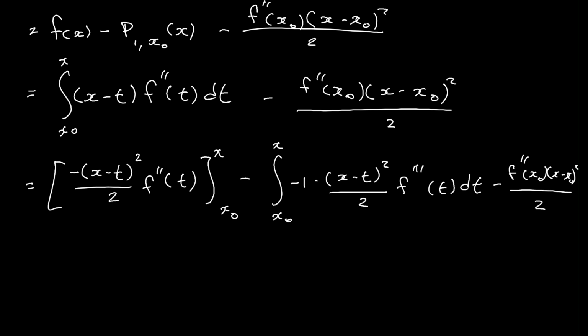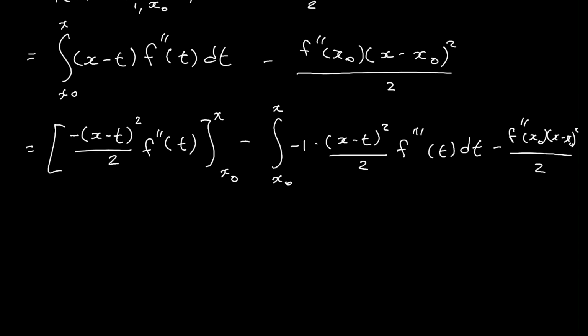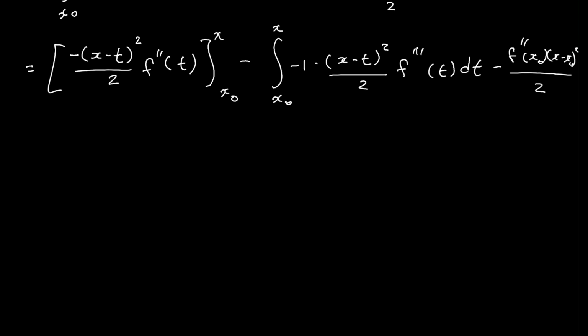I got this because I just did integration by parts. u will be f double prime of t, so du is f triple prime of t dt, and then I let dv equal x minus t dt, and if you integrate that with respect to t, you just get v equals negative x minus t squared over 2.